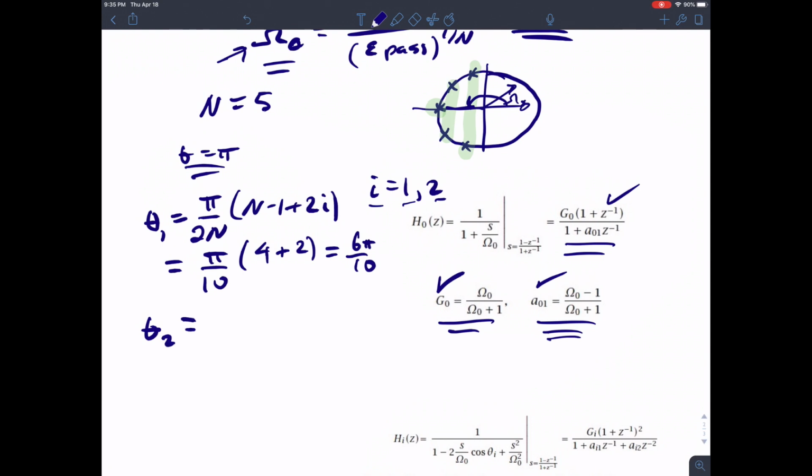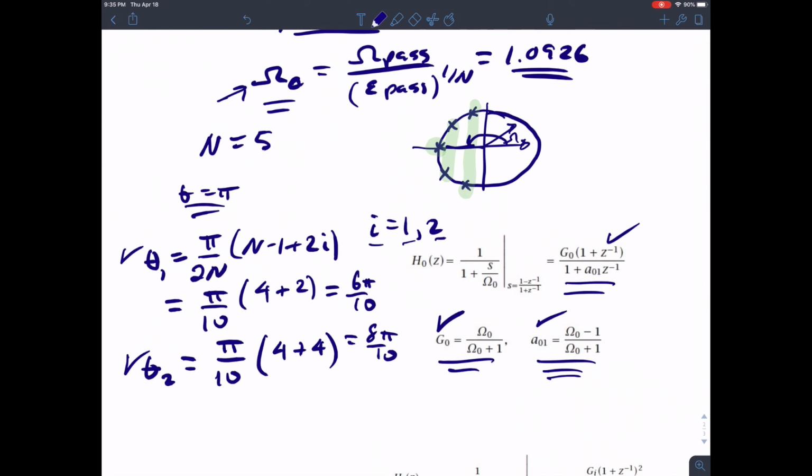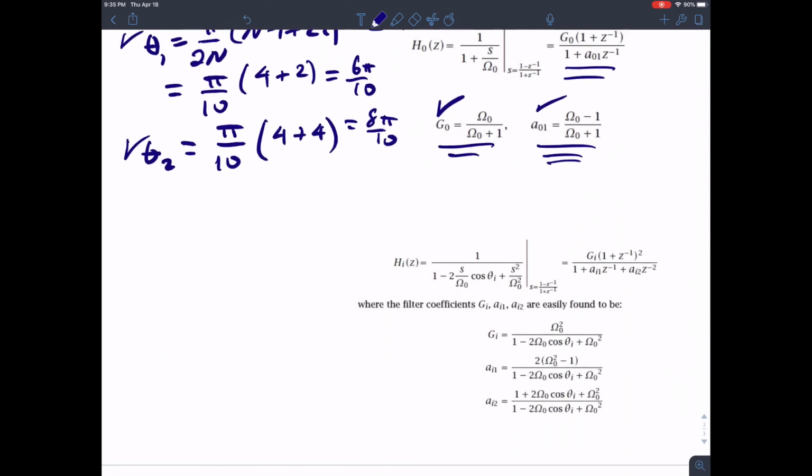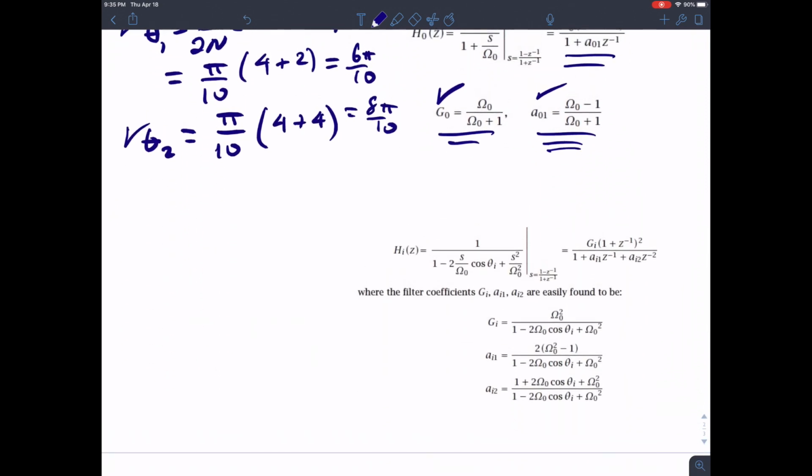Theta 2, the second pair of complex conjugate poles, would be pi over 10 times n minus 1, which is 4, plus 2 times i, 2 times 2 is 4, so I'd get 8 pi over 10. So at this point I have the thetas, and I also have omega naught, which is all I need to calculate each of the coefficients for the second order sections.